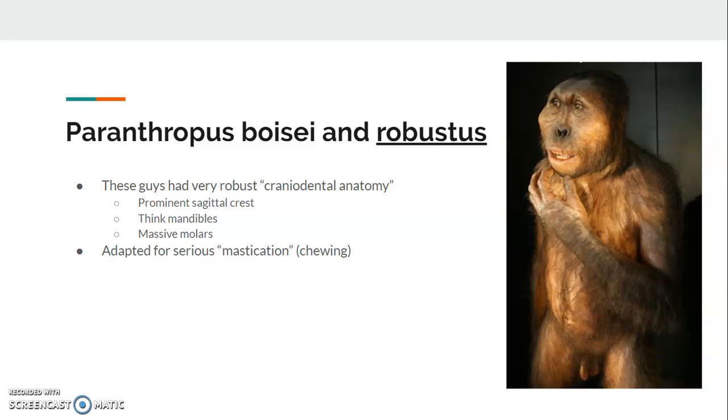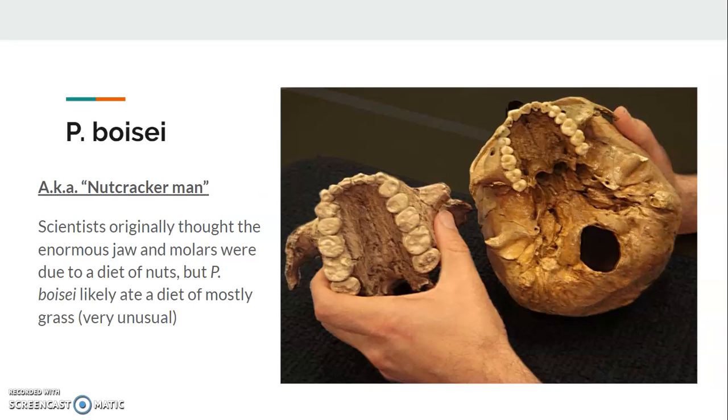So these species were adapted for a very specific diet, which mostly probably consisted of grasses and really fibrous green material. Although they've been nicknamed Nutcracker Man, as originally scientists thought that they ate really hard seeds and nuts and things like that. So this is Paranthropus dental arcade here. Look at those molars. They're approximately 4 times the size of our molars today. So just massive.